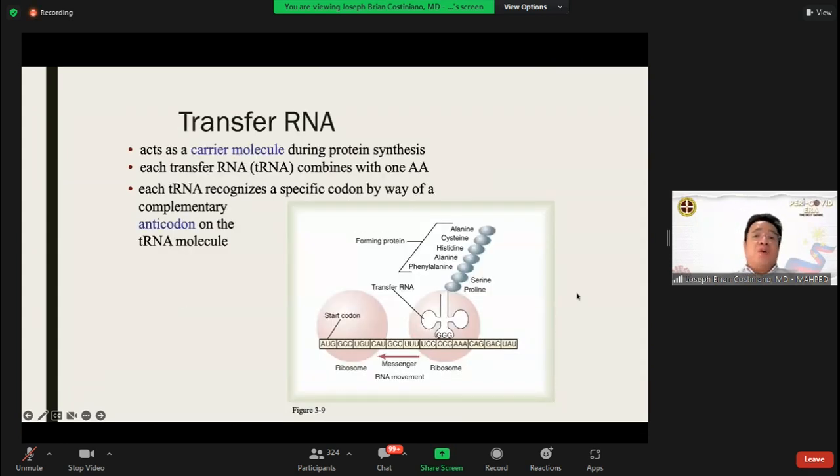Okay. Transfer RNA acts as a carrier molecule during protein synthesis.